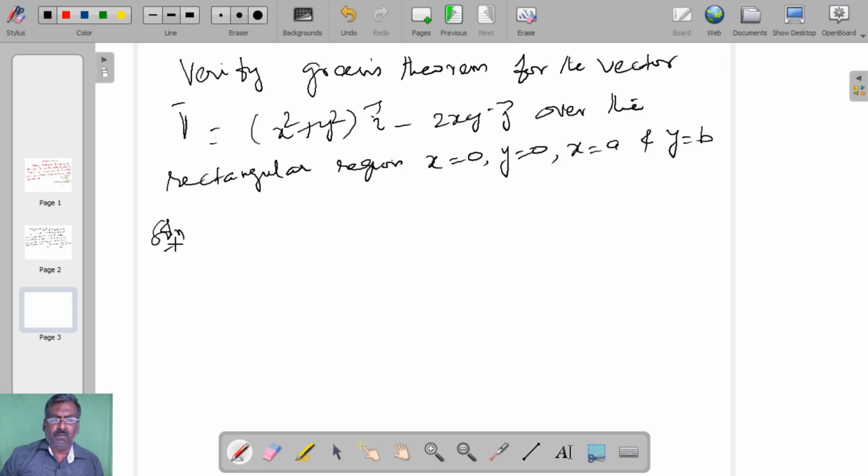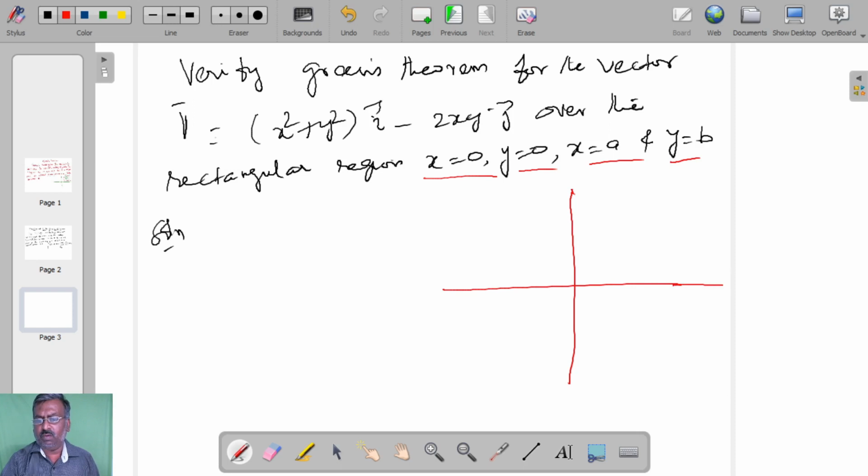First, with the help of this region, we are going to draw the diagram. See this. First we consider the x axis and y axis. Now x varies from 0 to a and y varies from 0 to b.